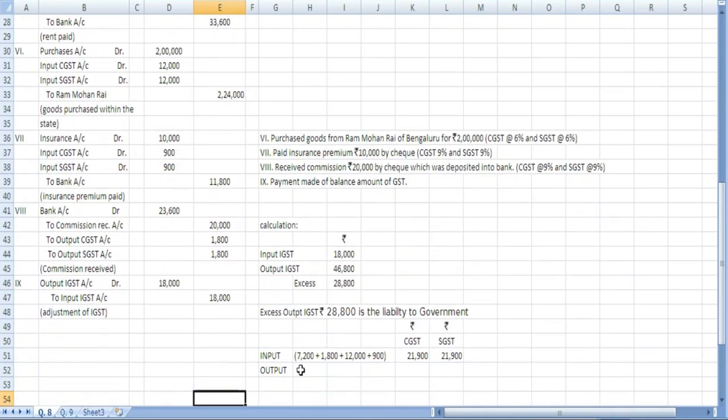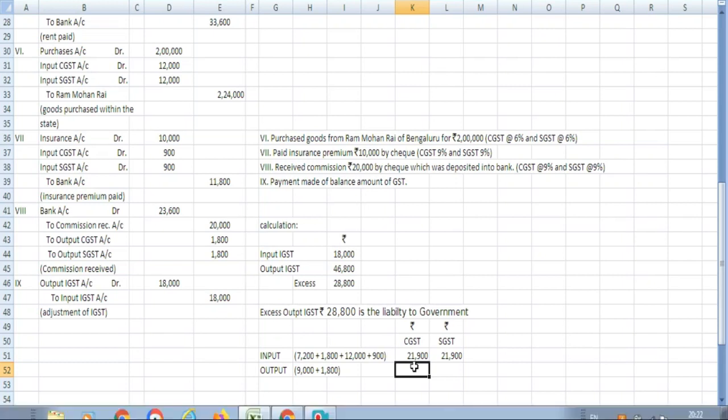So here we will have 9,000 plus 1800. So these two will come as 10,800. So we'll write here 10,800 and 10,800.